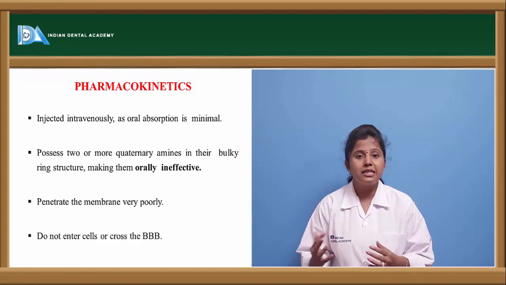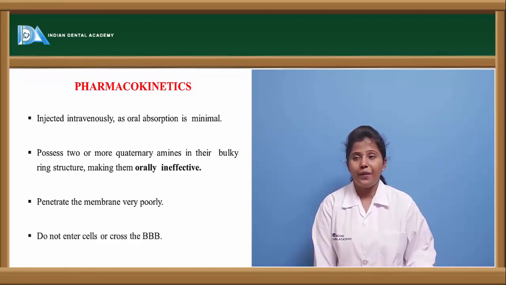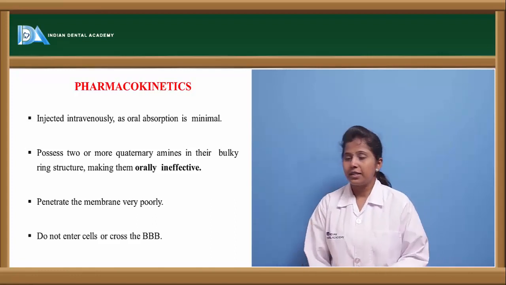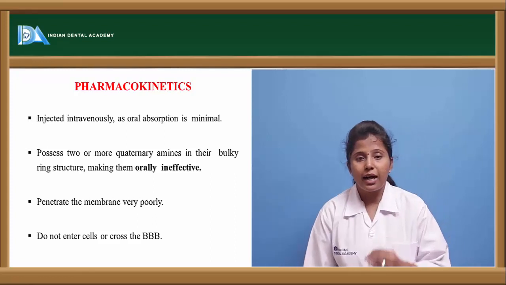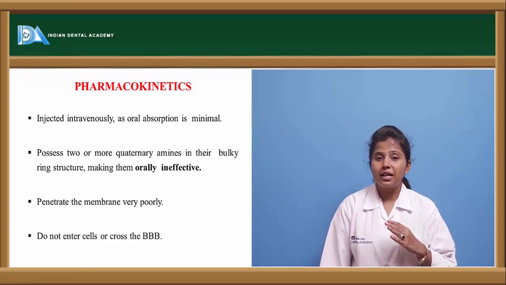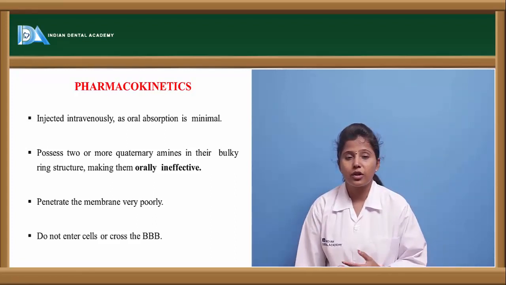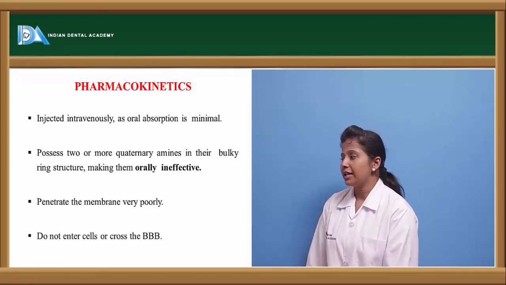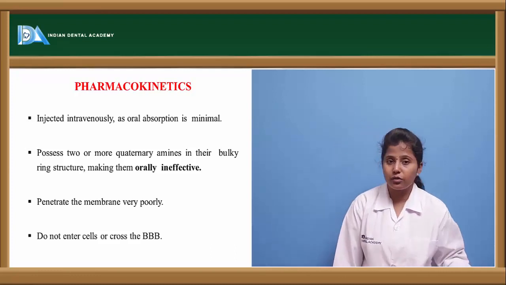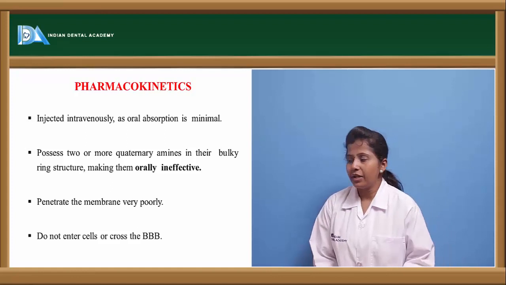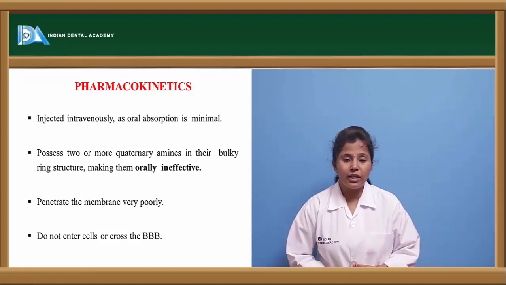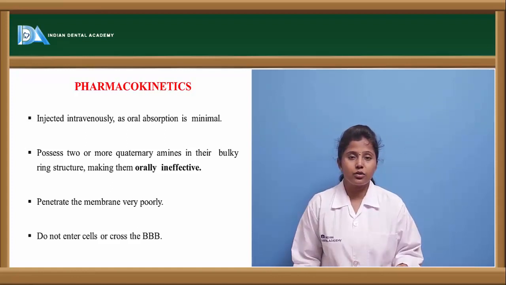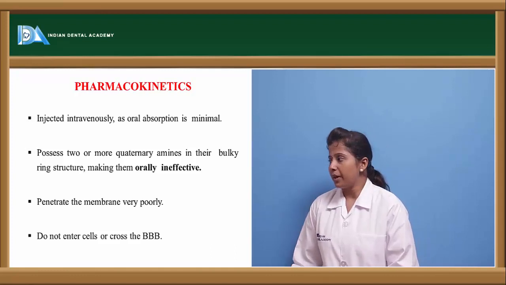That is the reason these drugs become ineffective when administered orally, and why they are recommended to be given by IV route. As these drugs are hydrophilic in nature, they cannot penetrate through membranes, and they even can't cross the blood-brain barrier.